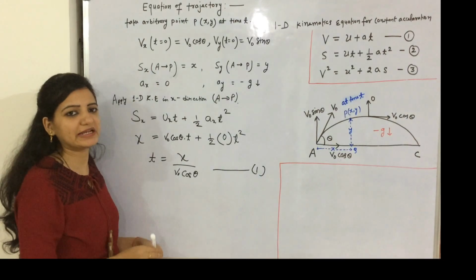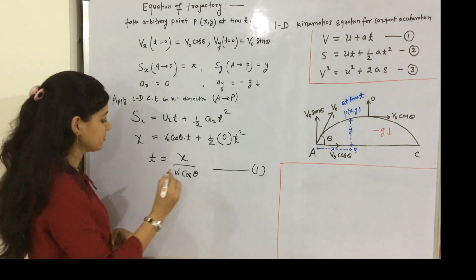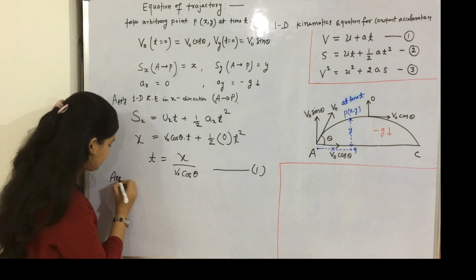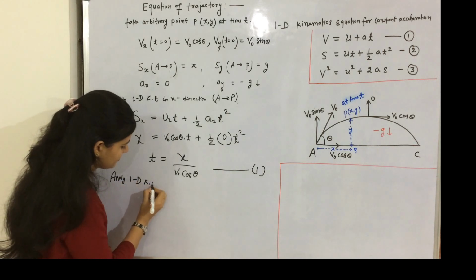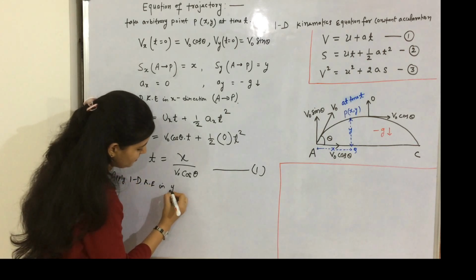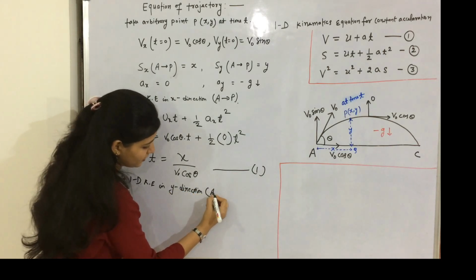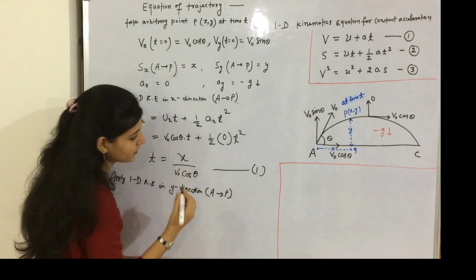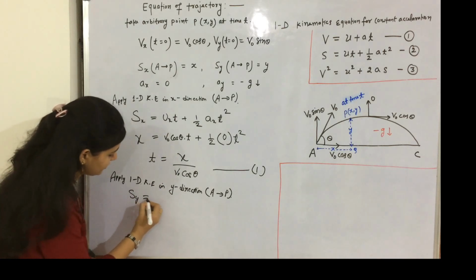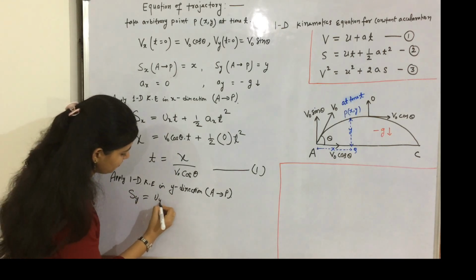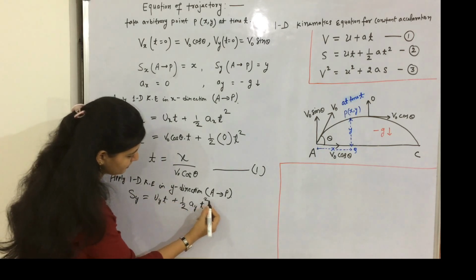Our objective is to find the relationship between x and y. So now we will apply the one-dimensional kinematic equation in the y direction from initial point A to arbitrary point P. Again we will go with the second formula. So Sy equals Uy t plus half ay t square.